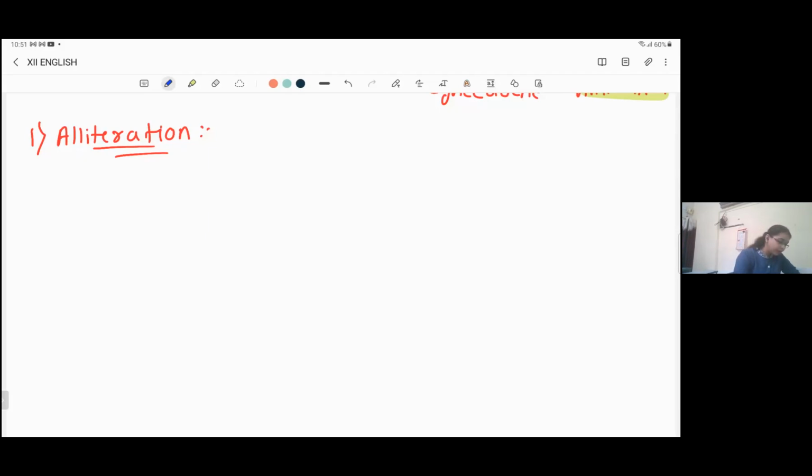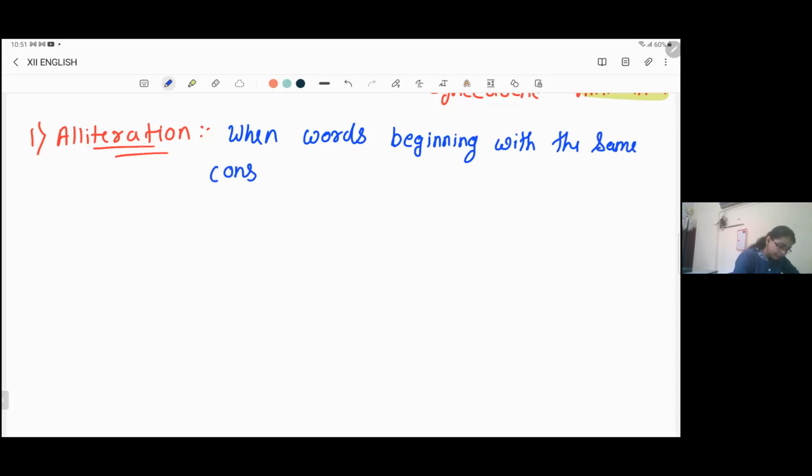Now, you can write it in short: when words beginning with the same consonant sound follow one another.